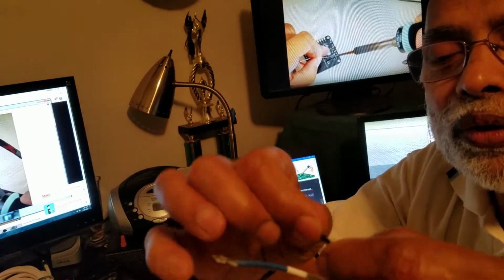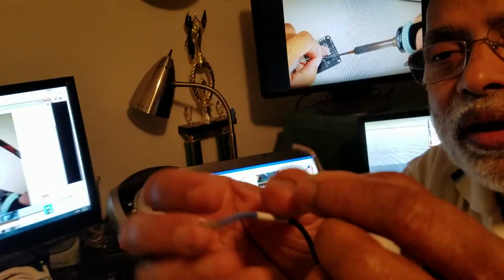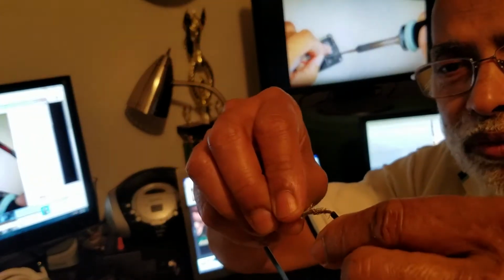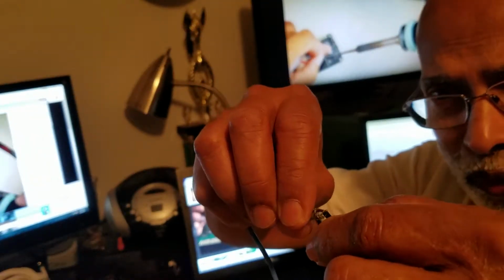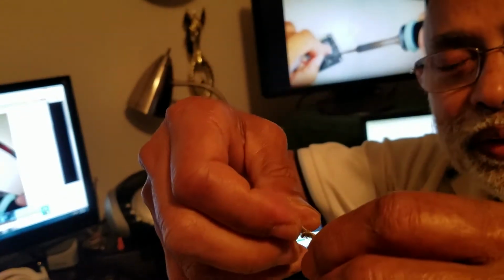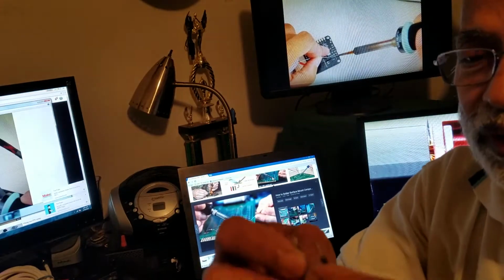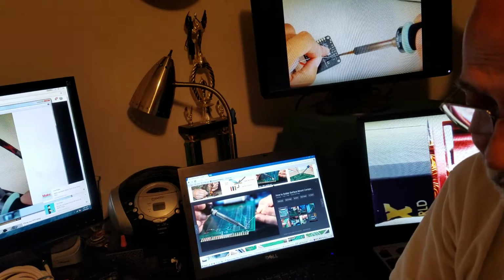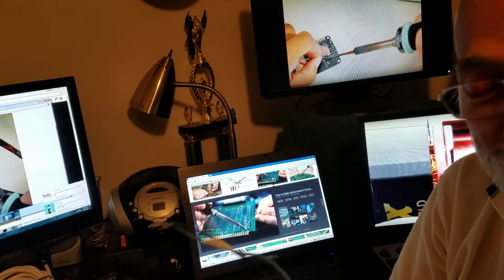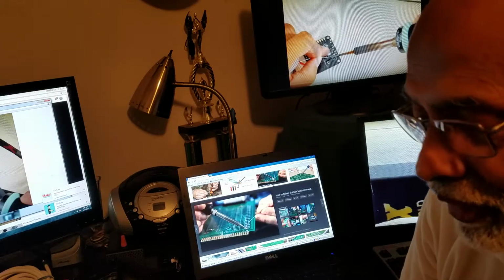You can open up the strands and just put them together, and then twist before you do the soldering. Or else you can do it this way too: put them together and then solder. Either way, when you keep doing it, you will get the knack of it.